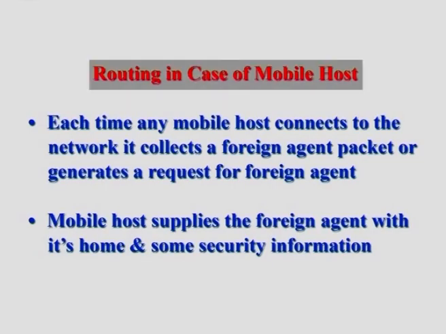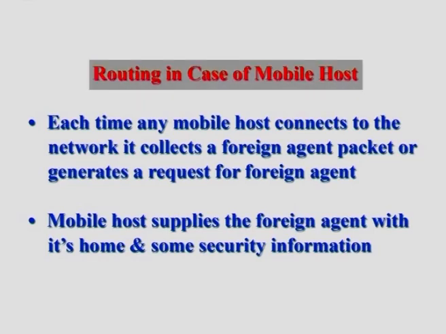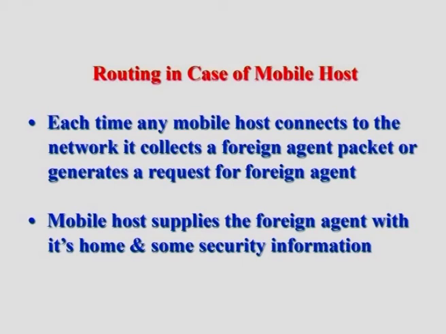Viewers, nowadays billions of people have portable computer devices and they want to access their normal file systems wherever in the world they may be. These mobile hosts introduce new complications. To route a packet to a mobile host, the network first has to find it. Generally, that requirement is implemented through the creation of two new entities in the LAN, the foreign agent and the home agent.